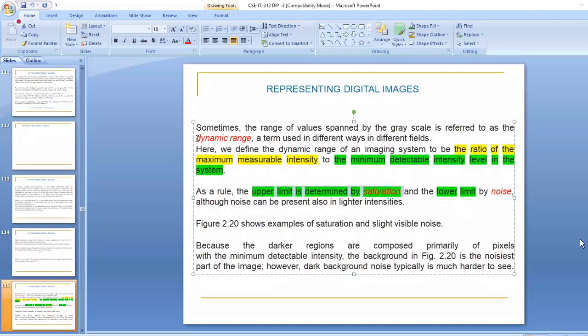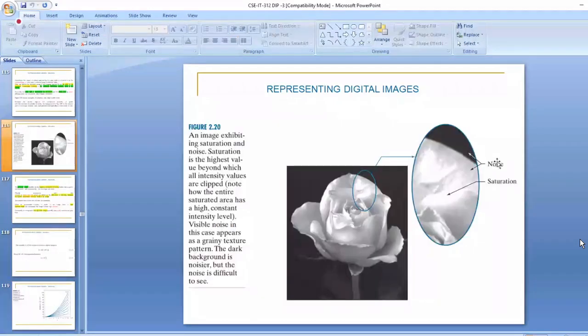You can see this part is known as saturation, and this part is known as noise. In this figure, you have clipped this part and enlarged it to show it here. Saturation is the highest value beyond which all intensity values are clipped.